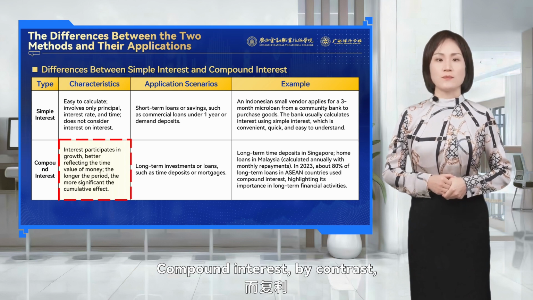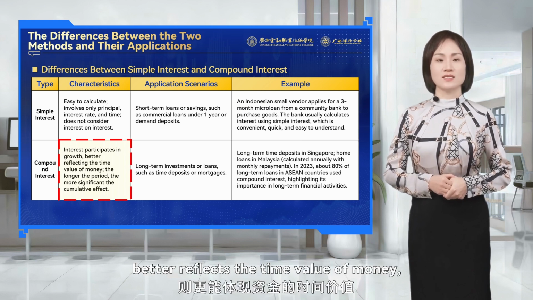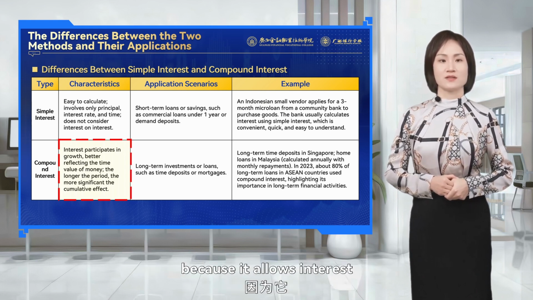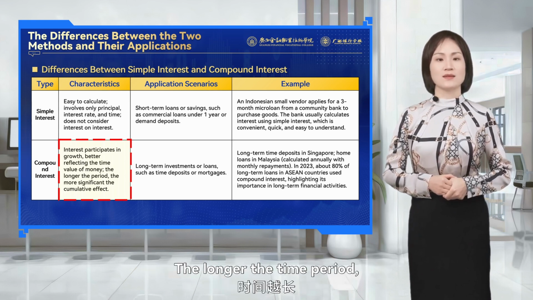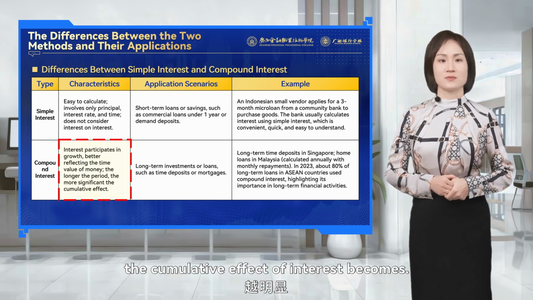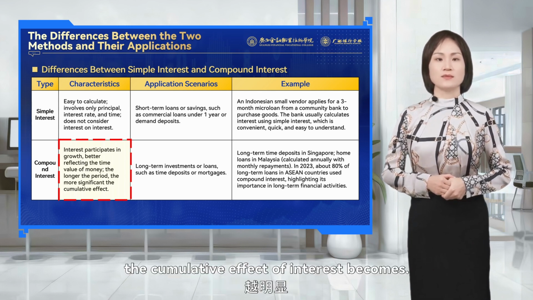Compound interest, by contrast, better reflects the time value of money, because it allows interest to participate in the growth process. The longer the time period, the more pronounced the cumulative effect of interest becomes.